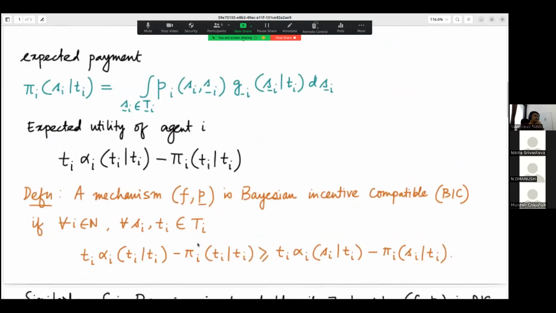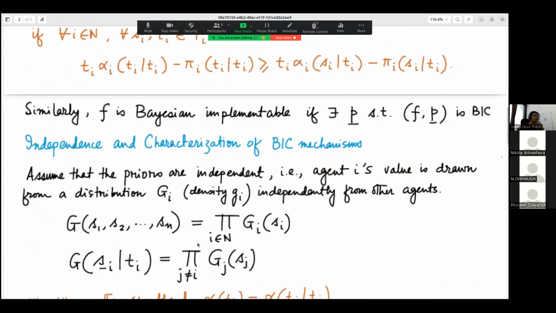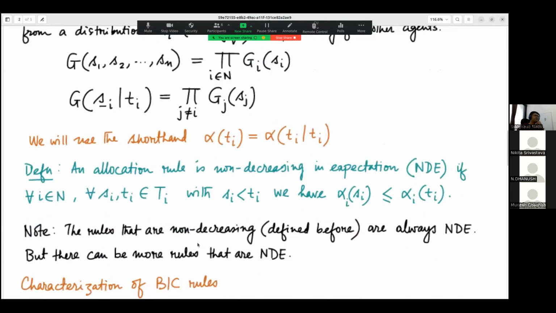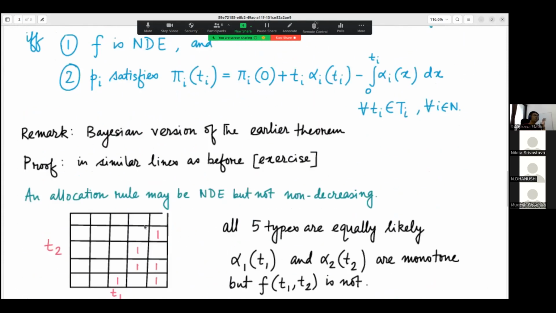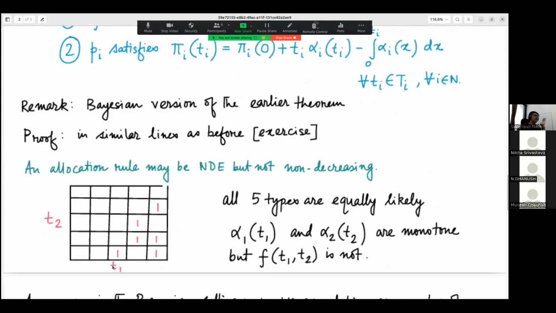It is non-decreasing in expectation when you are taking the expectation with respect to the types of the other agents. So in these places, agent 1 is the winner. T1 is the type of player 1. Player 1 has 5 types, let's call them T1,1, T1,2, up to T1,5. Similarly, T2,1 up to T2,5.